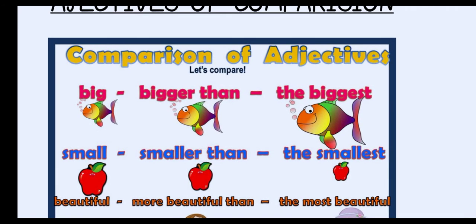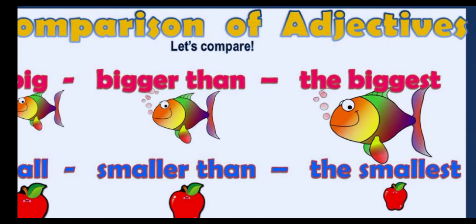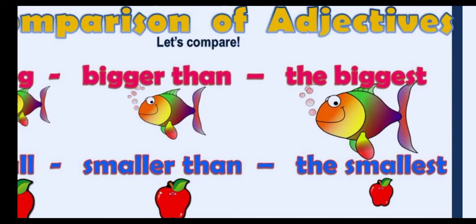Now, in front of every superlative degree, suppose here if you see biggest, smallest, every superlative degree carries the in front. You will be writing the, and then you will be adding whatever the superlative degree is. Suppose you are talking about big, then you will be writing the biggest.